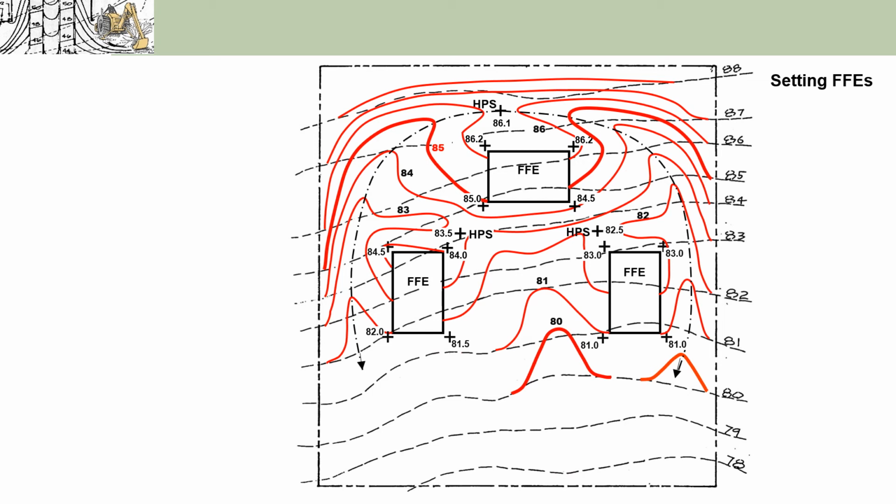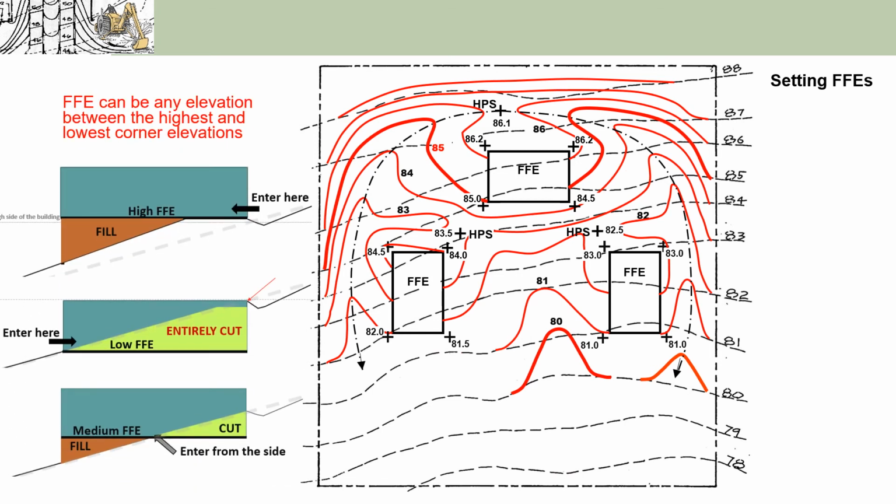Okay, now we've finished our first draft of contours. What we haven't identified yet are the FFEs. Remember that we said the FFE can be set at any elevation between the highest and lowest corner elevations? So in fact, that's exactly what we could do here.